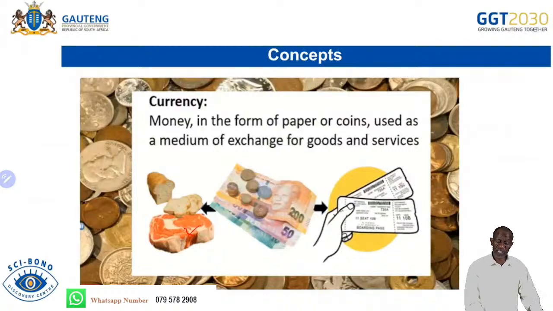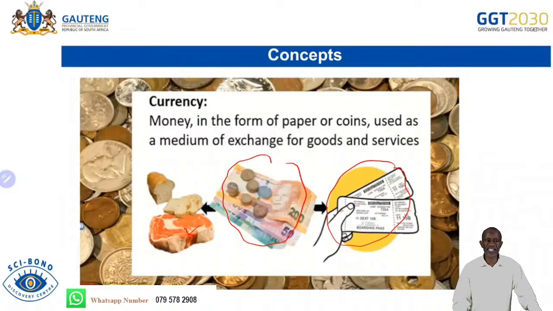So we would use this money to buy the goods and or services, services like flight tickets, services that are provided by travel agencies. They charge you a fee for providing that service. So we use currency or money to buy such goods and services.